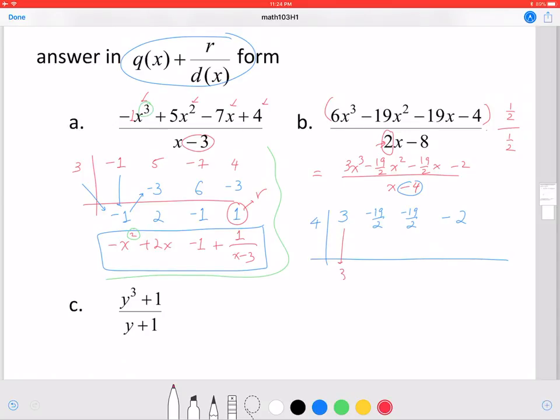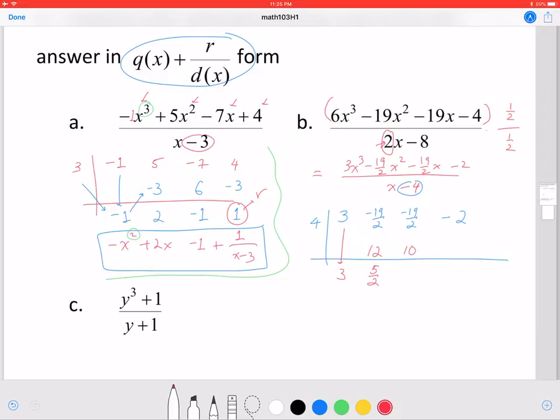Okay, let's begin. 3 comes down straight. 4 times 3 is 12, which is 24 over 2. -19 over 2 plus 12 gives me 5 over 2, because 12 is 24 over 2. That multiplied by 4 gives me 10.